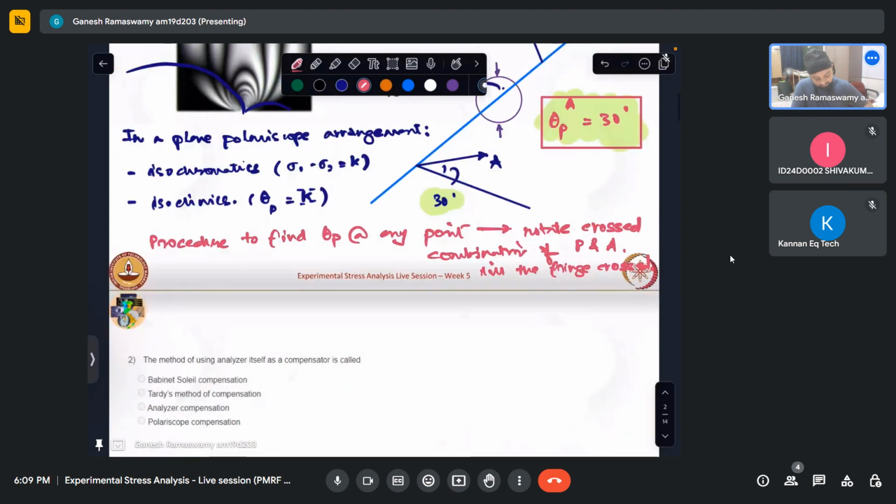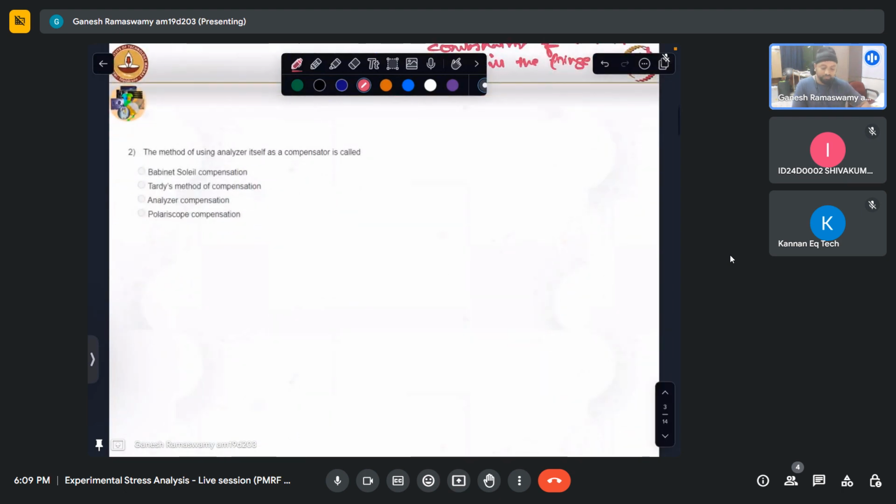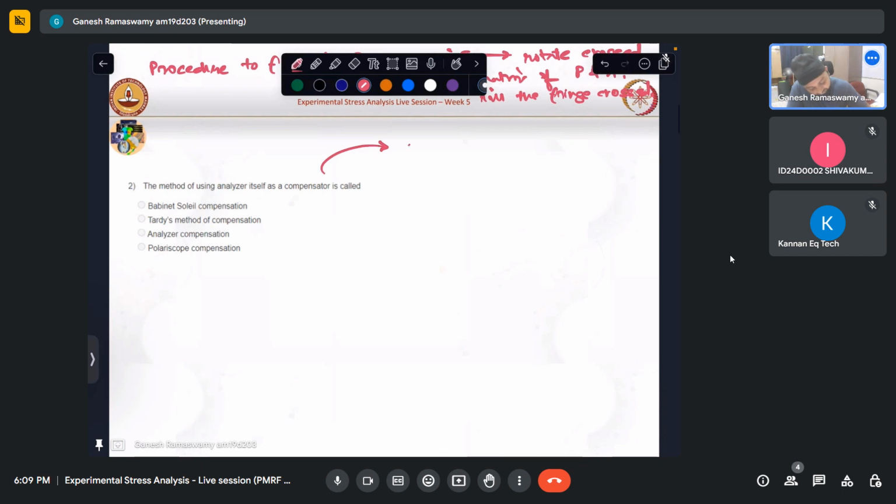Okay. So with that, let us move on to the next question. The method of using analyzer itself as a compensator is called what? Now let us look at this term compensator. Essentially we are trying to compensate for something. Now when is this used?